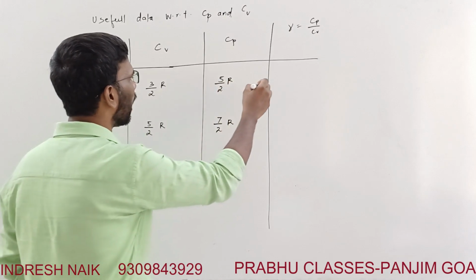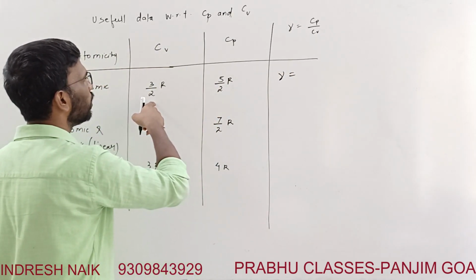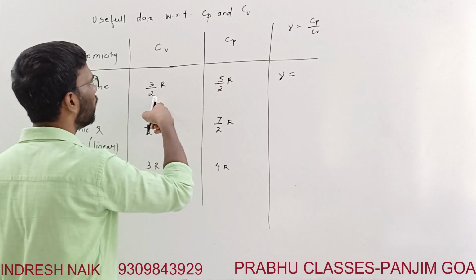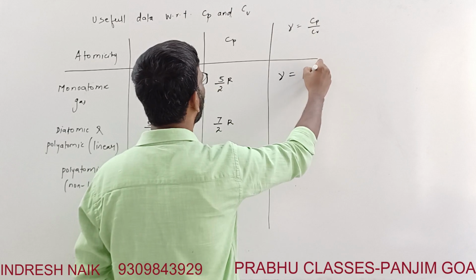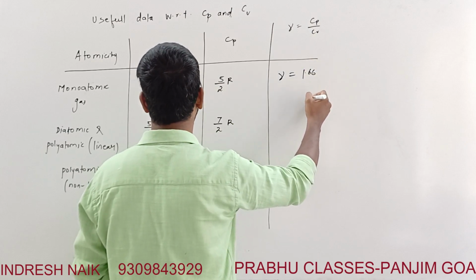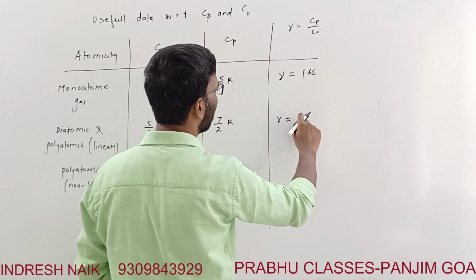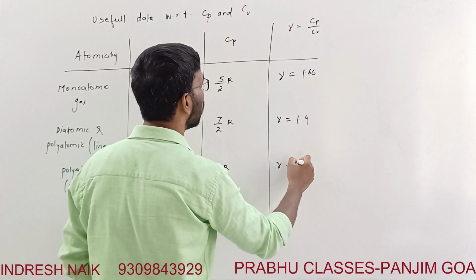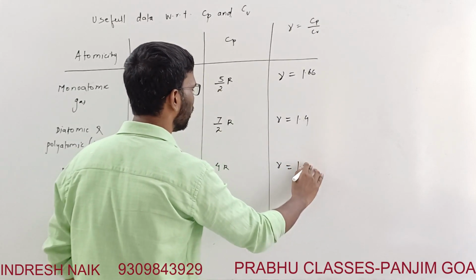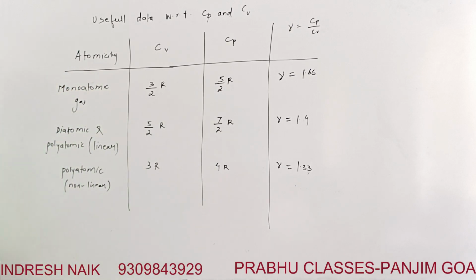So if you do this by this, it is 5 by 3, which comes to 1.67. Here gamma is 1.4, and here gamma is 1.33. So these are some of the important data regarding Cp and Cv.